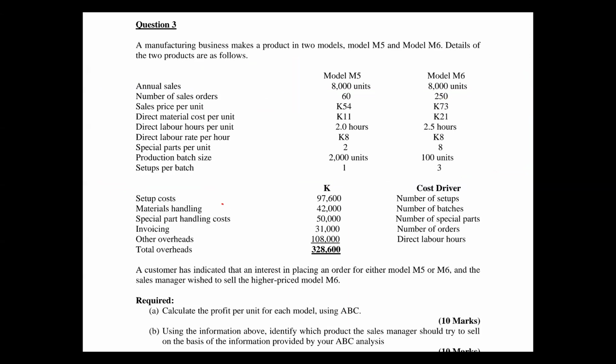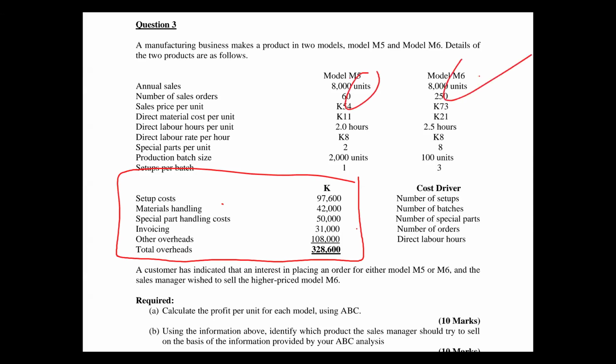The total cost you're going to be given is made up of the prime costs, the direct costs, and the overhead costs, which are the indirect costs. For example, here we have overhead costs totaling 328,600.